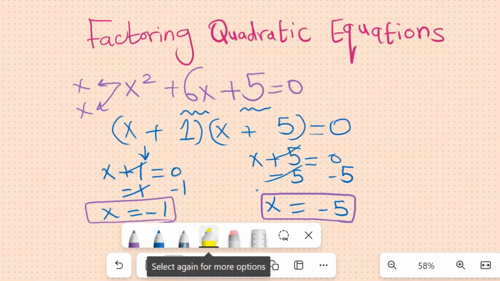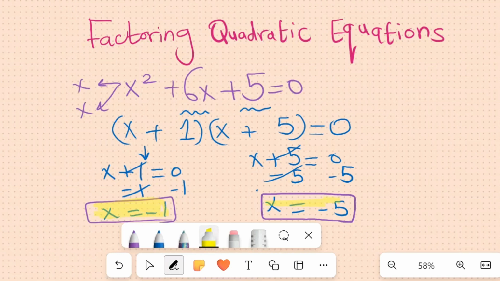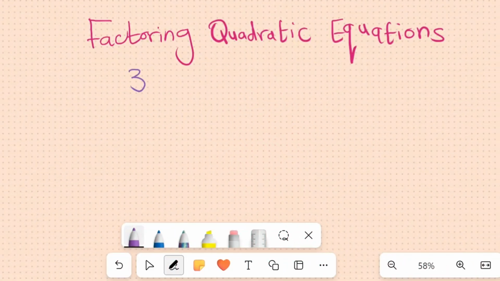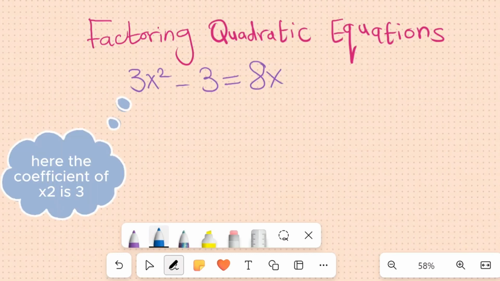And we need to know that this technique works only if the coefficient of x squared is 1. If it's not 1, we're going to use another technique. Now guys, let's take this example, which is 3x squared minus 3 equals 8x. And as you can see guys, here we have a coefficient beside x squared, and it's not 1, it is 3.